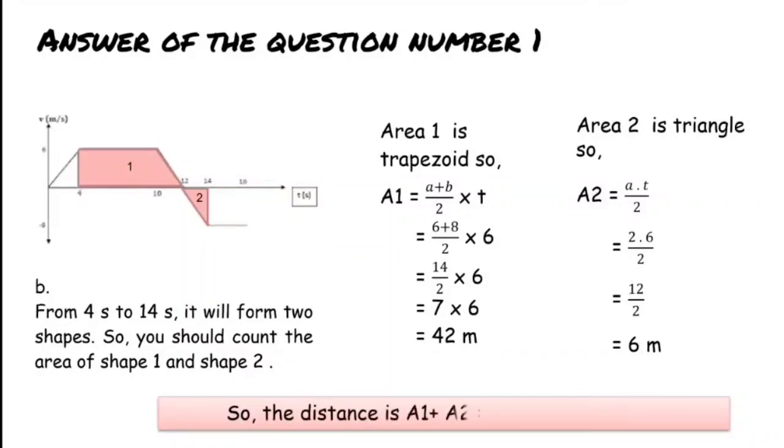So the displacement is A1 minus A2, that is not plus but minus. 42 meters minus 6 meters. Okay, the result of the displacement is 36 meters.